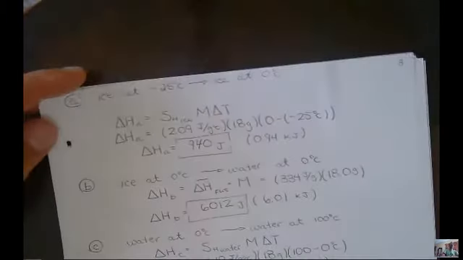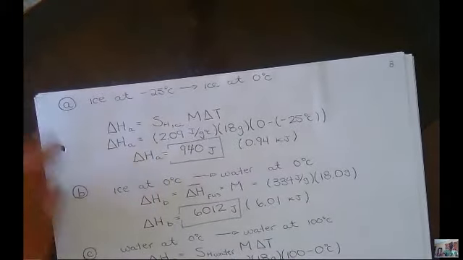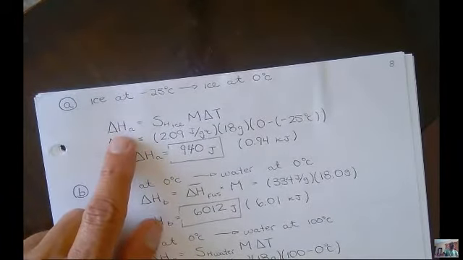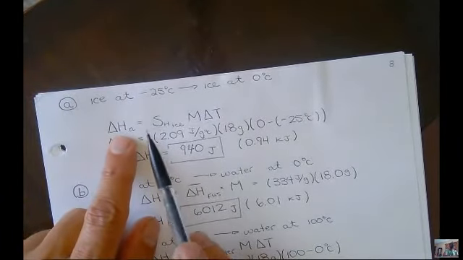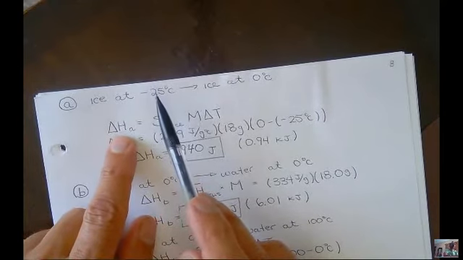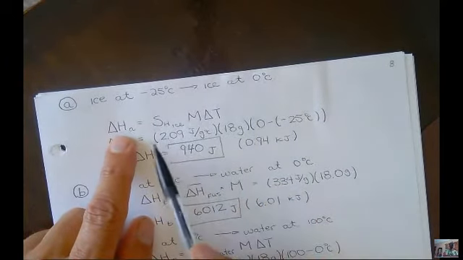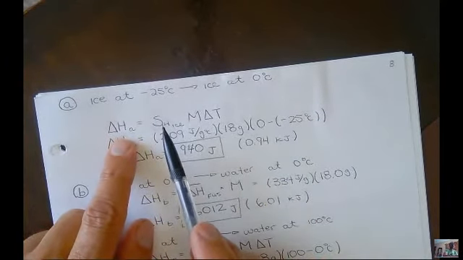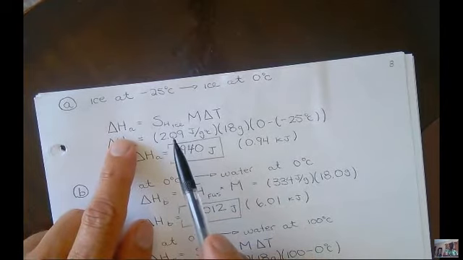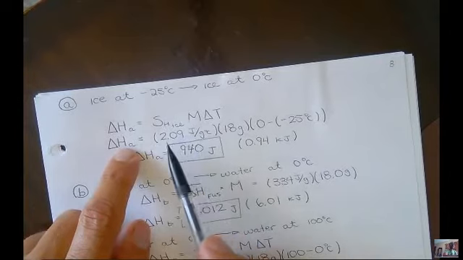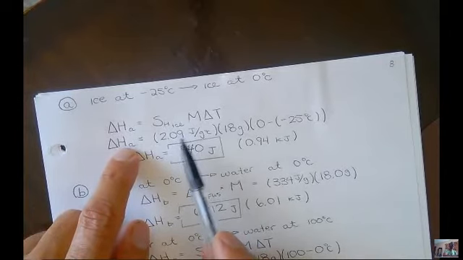So let's take a look at the individual steps. So step A is not a phase change. It is changing the temperature of ice at negative 25 to 0. So we use the specific heat formula. We look up how much energy it takes to raise the temperature of ice. That's 2.09. I gave you that.